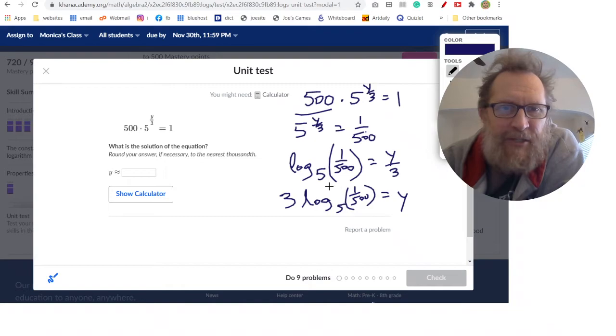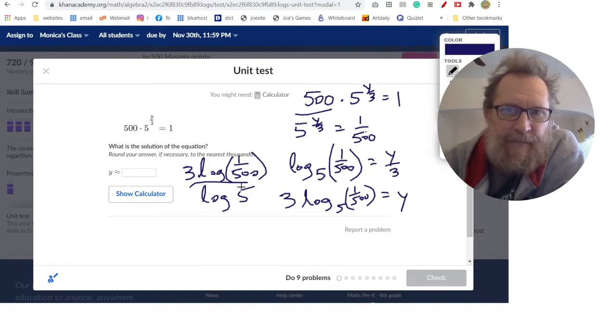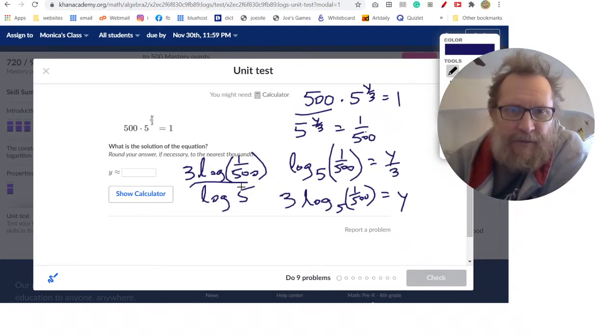So I've got 3 log 1 over 500 over log 5.